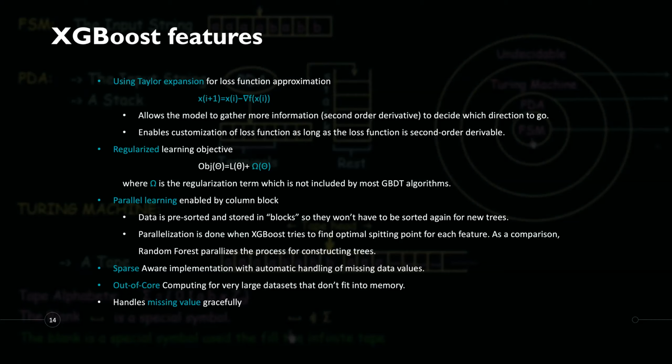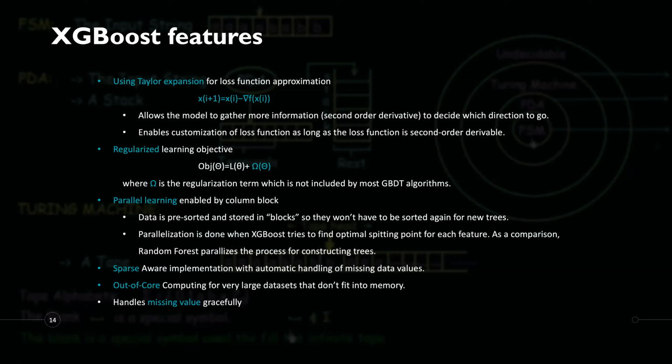It occurs when the algorithm tries to find the optimal splitting point for every single feature. So here's the thing: the parallelization occurs on the feature level, or the column level, not on the tree level.